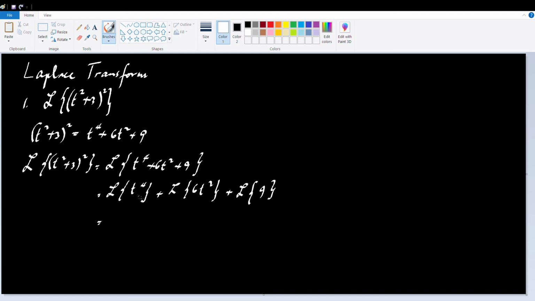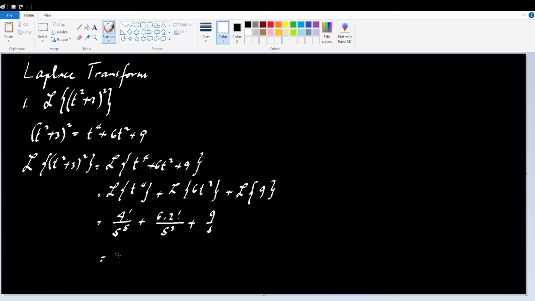So t to the 4th becomes 4 factorial over s raised to 4 plus 1, or 5, plus 6 is a constant which serves as a multiplier to the Laplace transform of t squared, which is 2 factorial over s raised to 2 plus 1, or 3, plus the Laplace transform of the constant 9 is 9 over s.